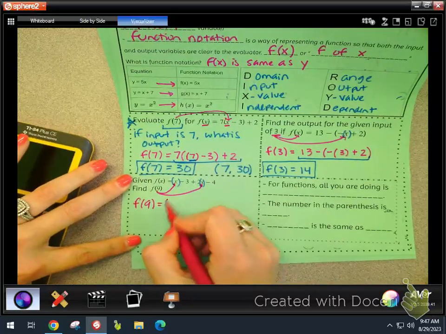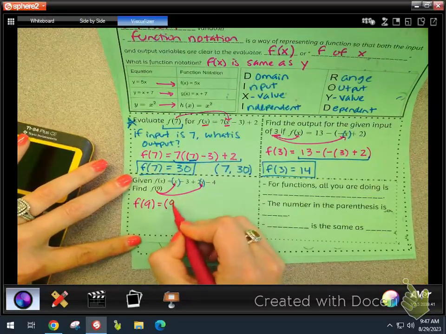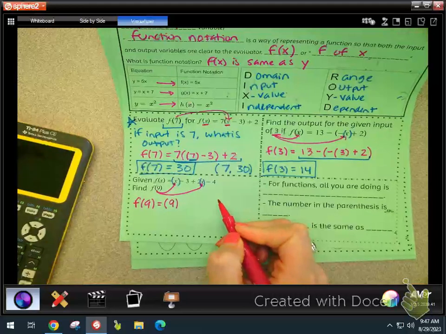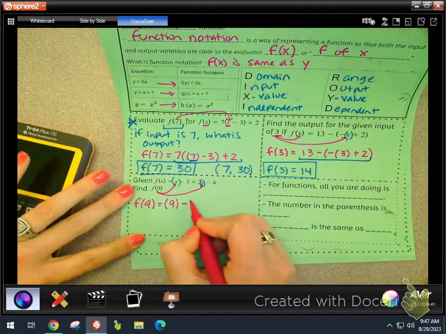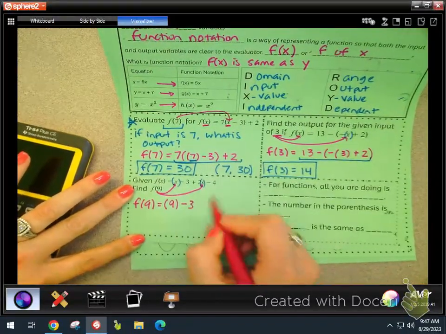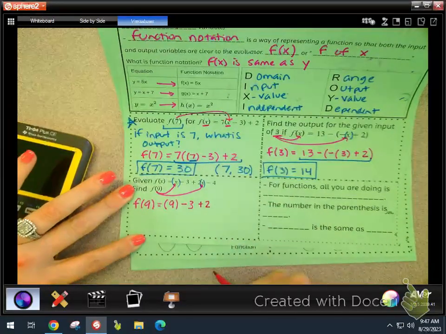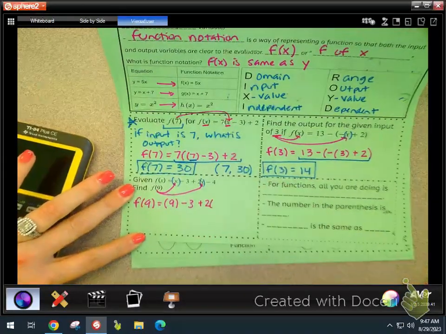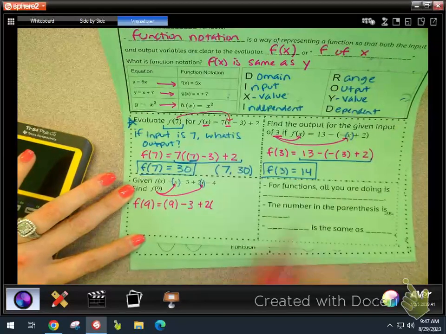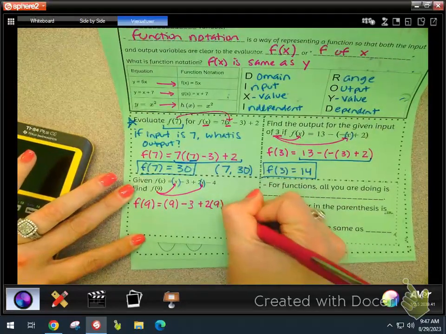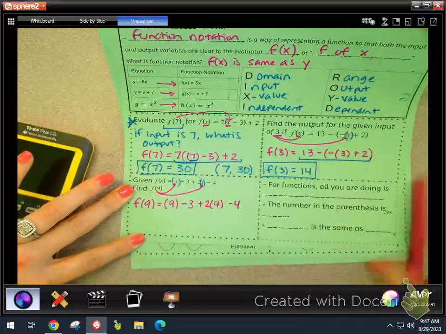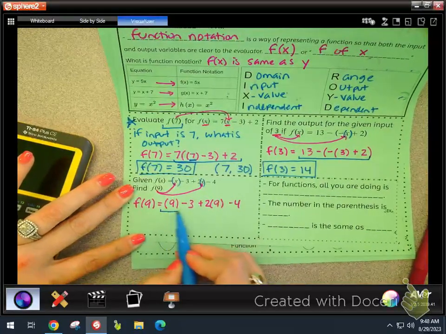So I'm going to put it in. There's an x, so I'm opening up parentheses, subbing in a 9. Minus 3, no x there. Plus 2, there's an x, that's multiplying by 2. So I'm going to open up parentheses and sub in a 9. Minus 4.